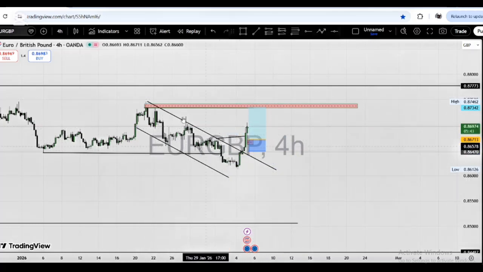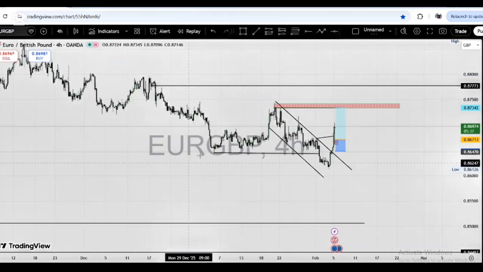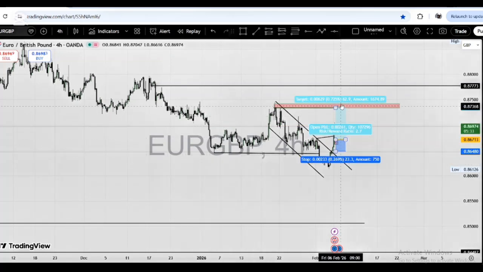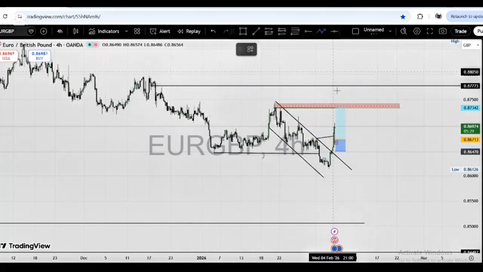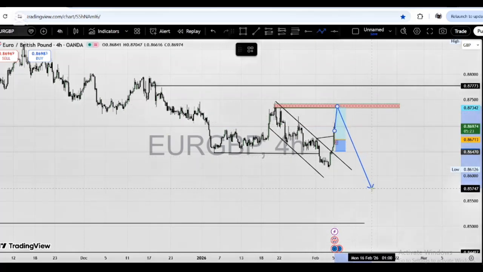Where is the best place that price is trading into? You have seen that price is trading into this area, so if price trades into this area, there is a tendency that price is going to drop back to the floor. It might do something like this. You understand? So that is it.